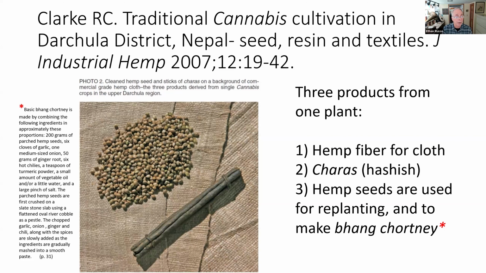And we have the seeds that are used to make a condiment called bang chutney. You have the recipe on the left, which you'll be able to consult later. I can attest to this being delicious and an excellent accompaniment to any kind of Indian food. And finally, in the background, we have fiber, coarse fiber, for cloth, all from one plant.